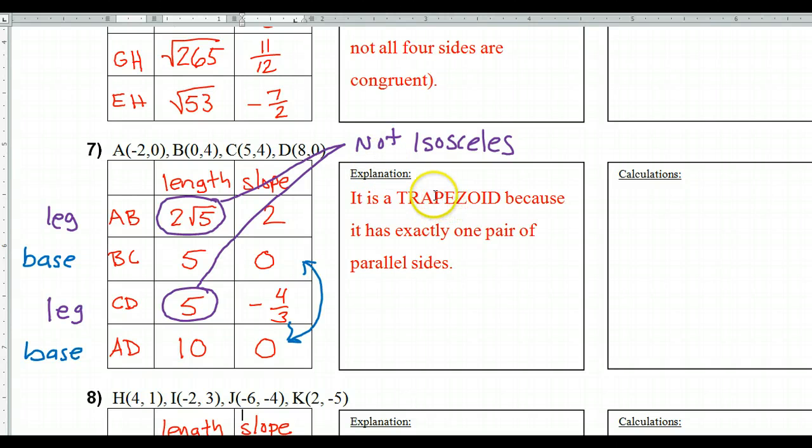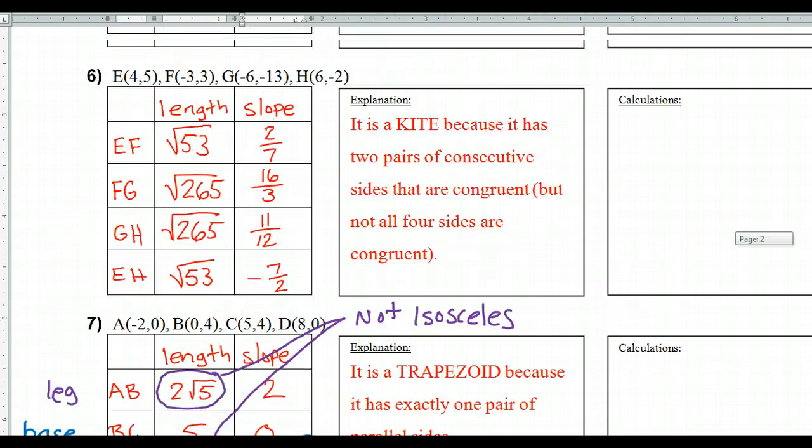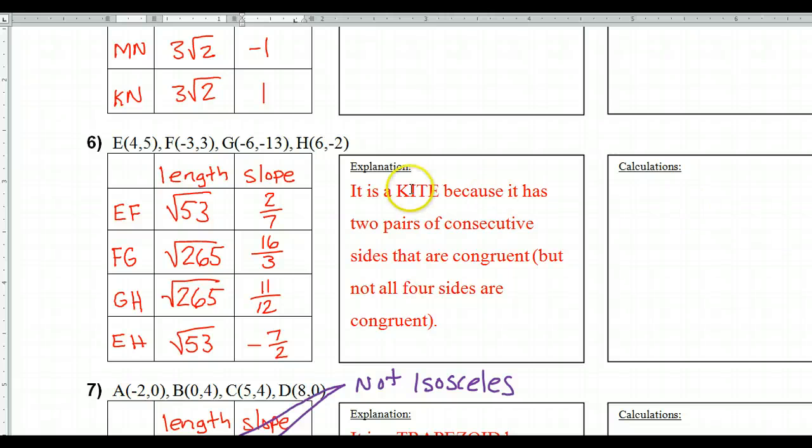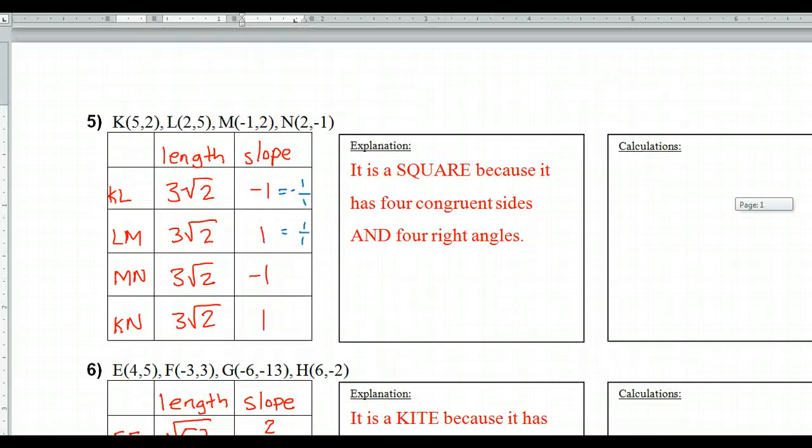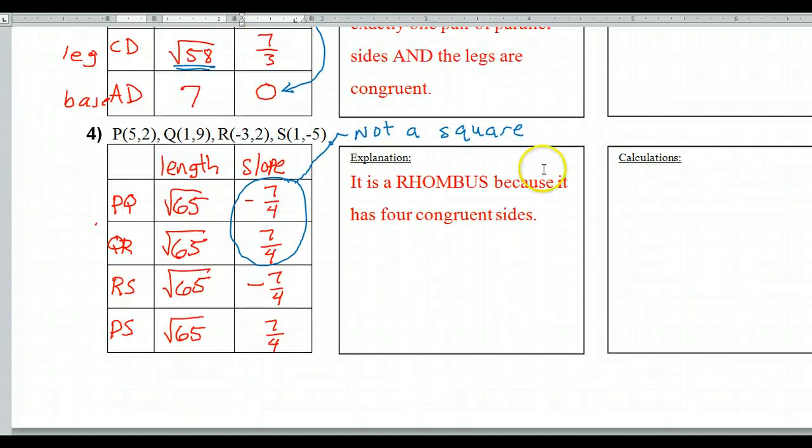If you say it's a trapezoid, you need to circle the legs and say why it was not isosceles. Alright, there's nothing more specific than a kite. There's nothing more specific than a square. But if you say it's a rhombus, you have to circle some slopes and show that that's why it's not a square.